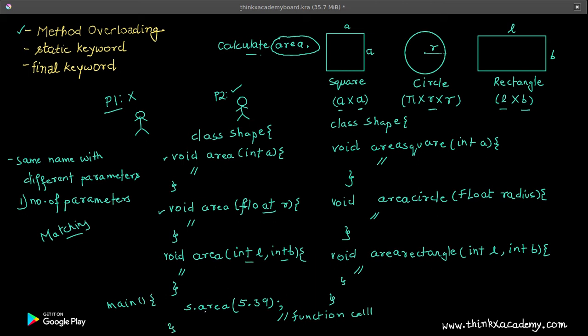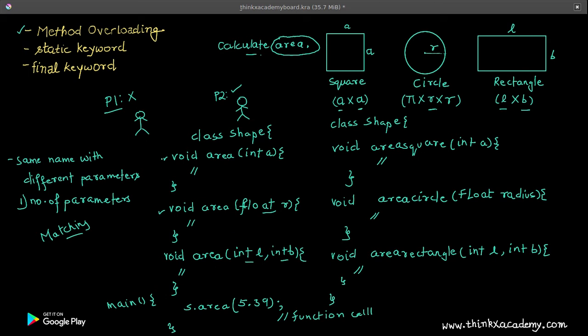So in the main function, whenever you will use the object of this class shape and you will call this area function using one parameter, then it is going to match it with that function which has the same number of parameters. So now in this case you can see that the number of parameters is 1.